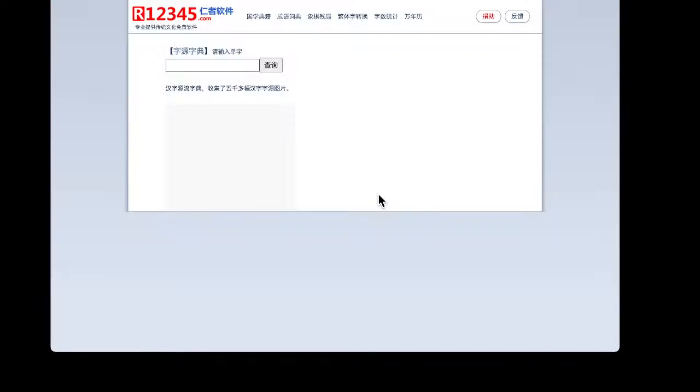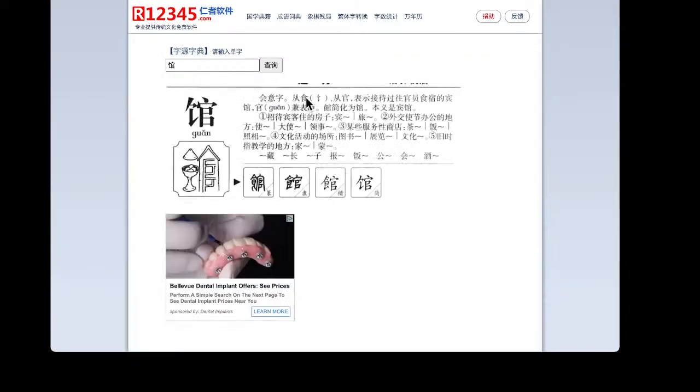Let's take a look at the character itself. On the left-hand side is the food radical, which means it's related to food. On the right-hand side is the character 官, which means official.